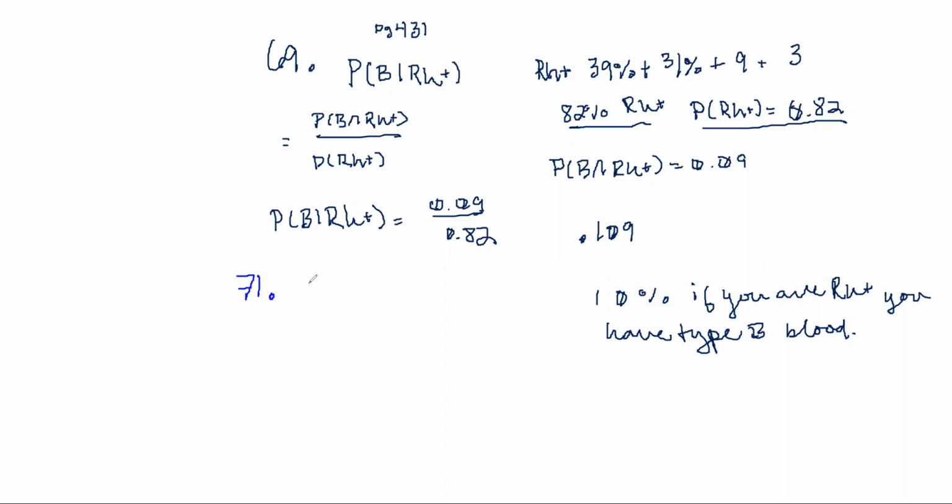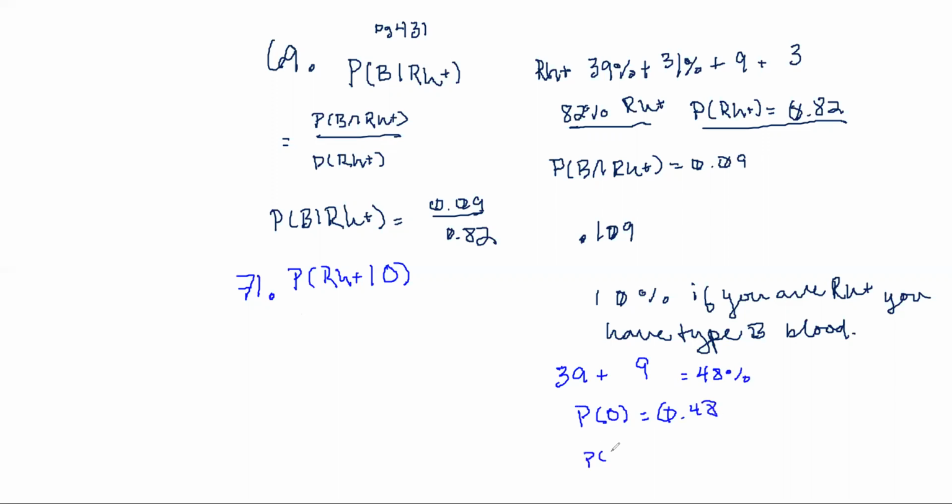Blood type is Rh positive, given that the person is type O. So we're looking for the probability of being Rh positive, given that the type is O. What we need to find are the probabilities of being type O, so that's 39 plus 9, so that's 48%, or the probability of being type O is equal to 0.48.